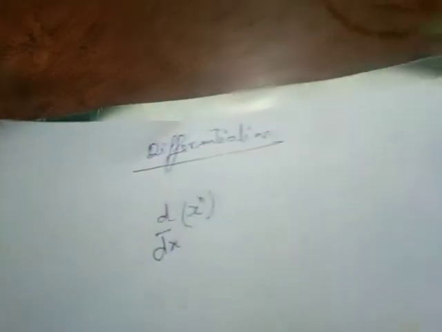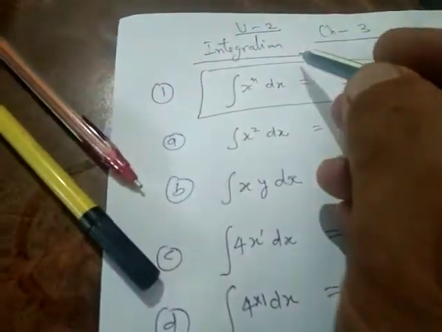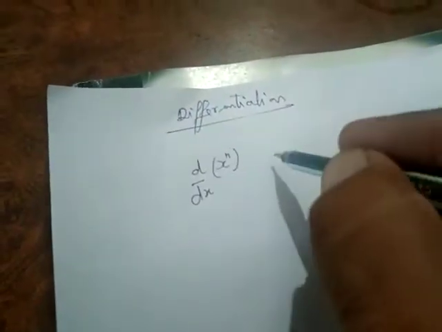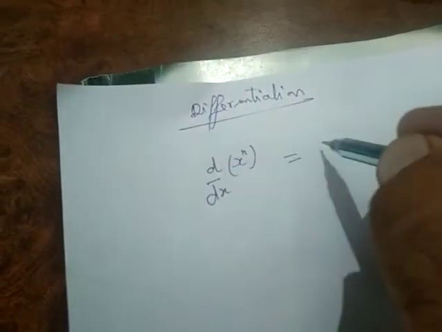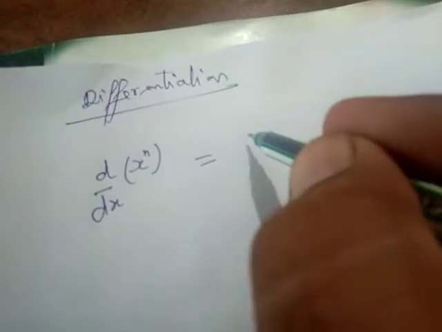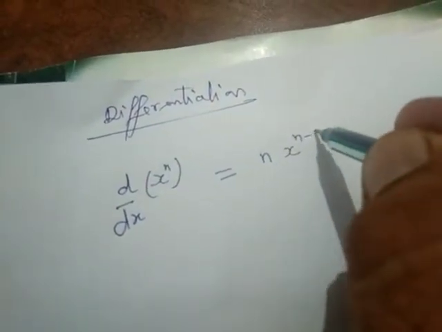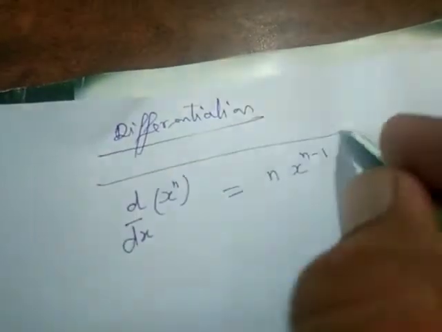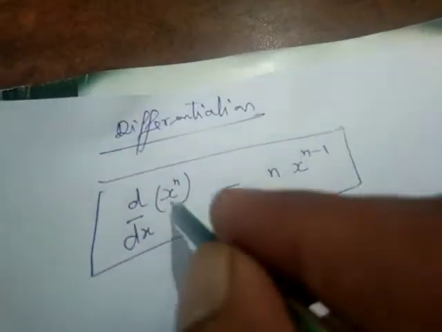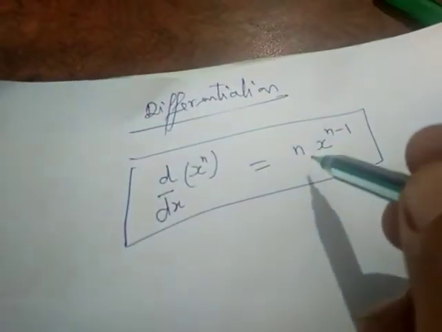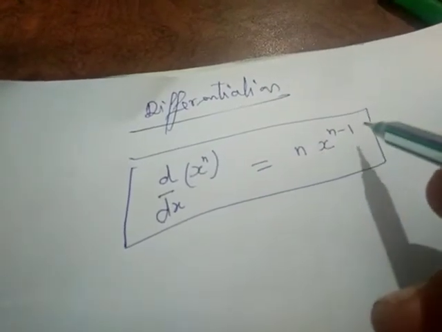In integration we increase the power; in differentiation we decrease it. How? There is a process. The n, whatever the initial power is, will be multiplied, and the power will be decreased by 1. So the differentiation of x to power n is n x to power n minus 1.